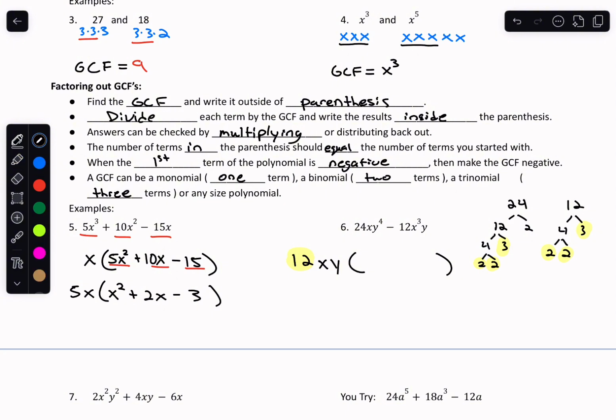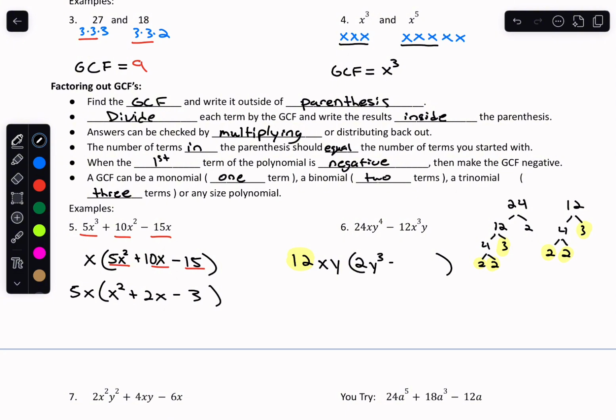All right, now when I divide each term by 12xy, I divide the numbers and I subtract the exponents on the variables. So 24 divided by 12 is 2. X divided by x just gives me nothing. It gives me a 1. X divided by x is 1, so we have no more x's in that term. And y to the fourth divided by y is y cubed, because we subtract 1 from the 4.